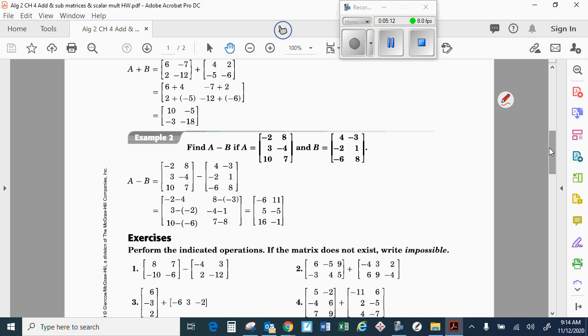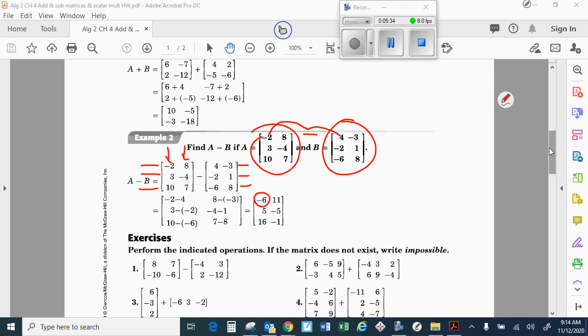Let's look at the subtraction one now. A minus B. So there's matrix A minus matrix B. So I have -2 minus 4. -2 minus 4 is -6. First off, dimensions-wise, 1, 2, 3 by 2. They're both 3 by 2.